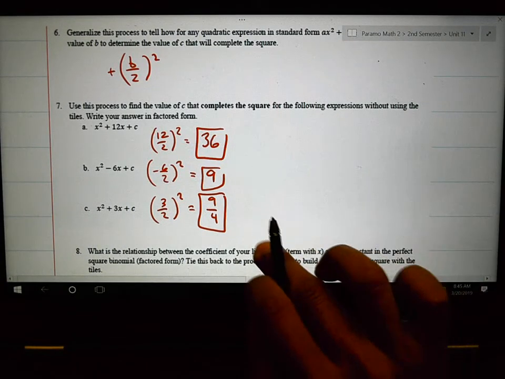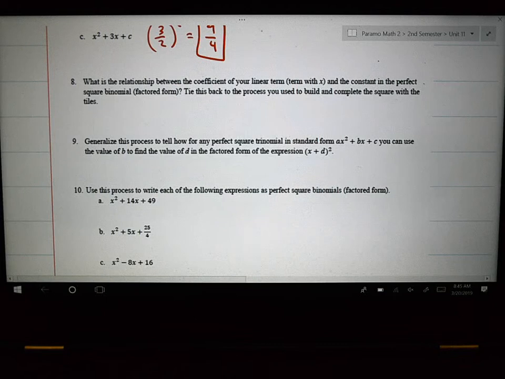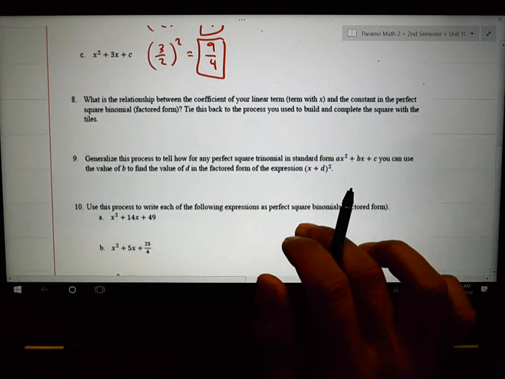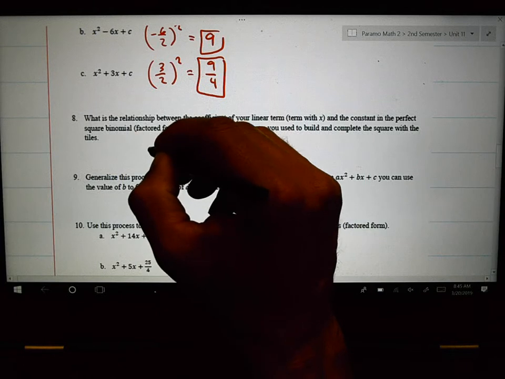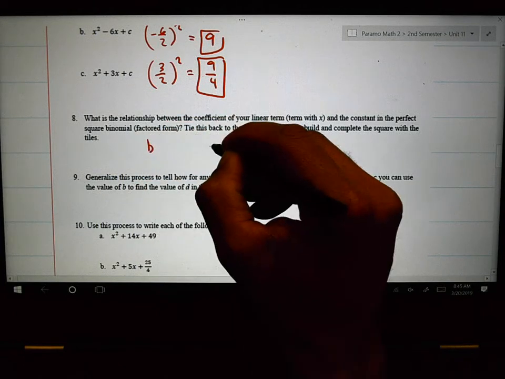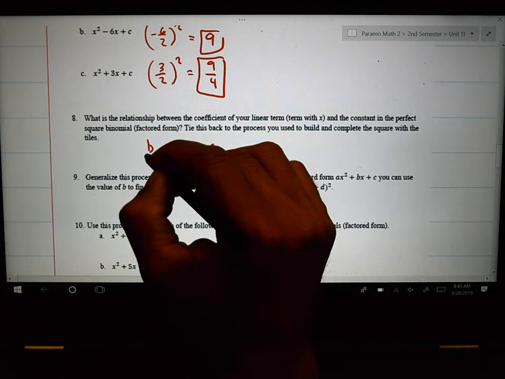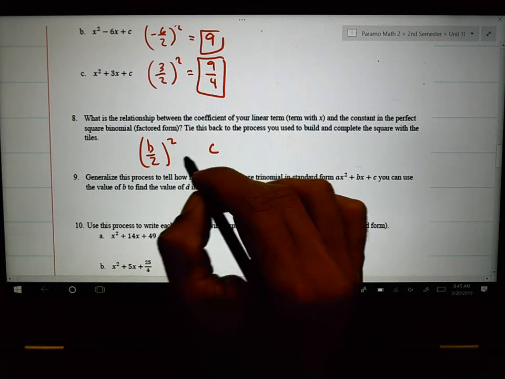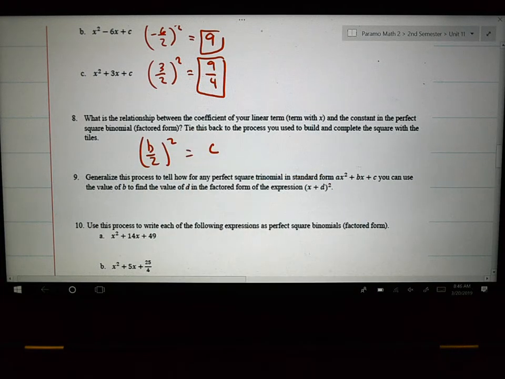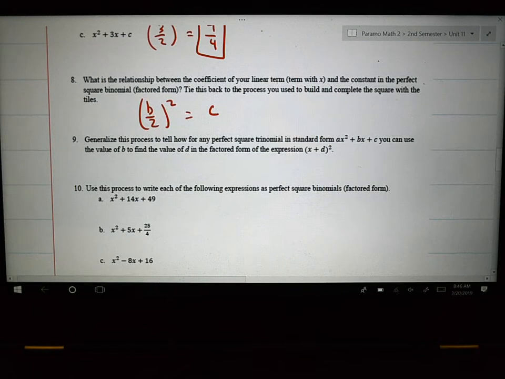Number 8 says, what's the relationship between the coefficient and the constant? How is B related to the C? Well, we already wrote this down. Half of B, squared, is equal to C. Which is basically the same answer for number 9.